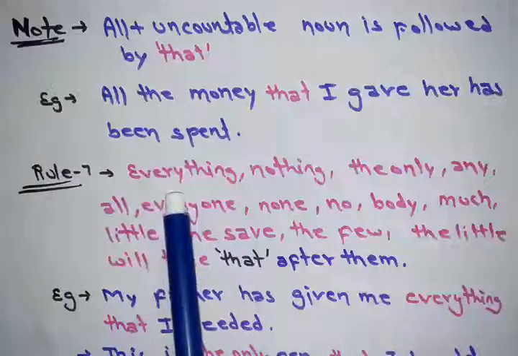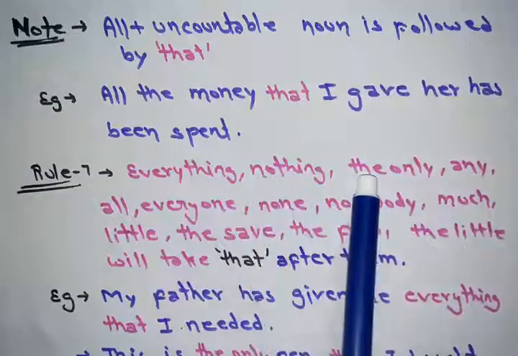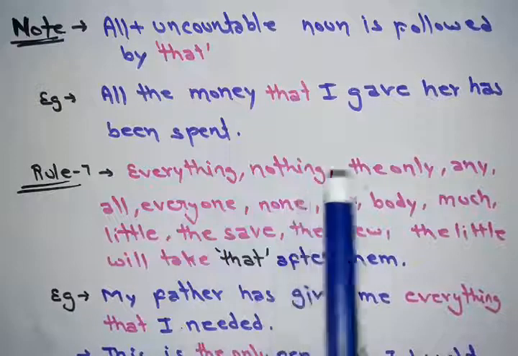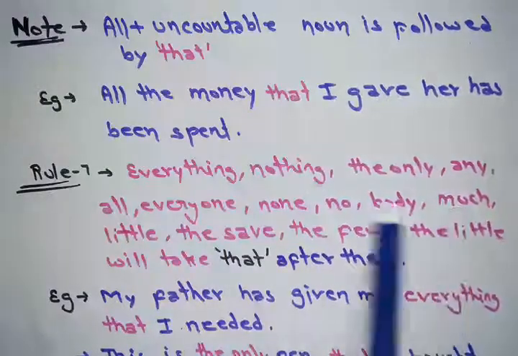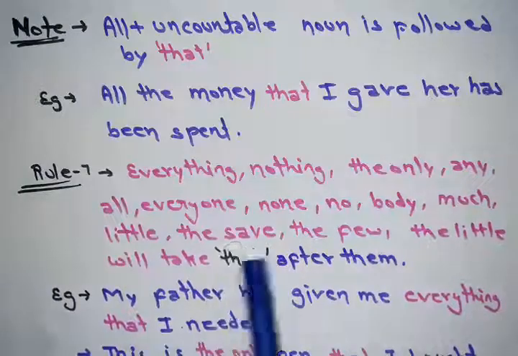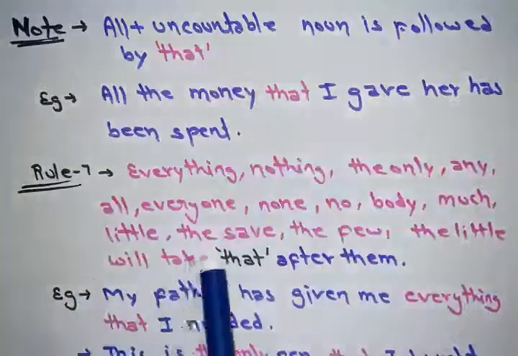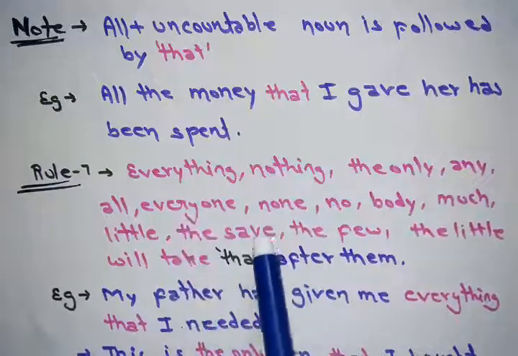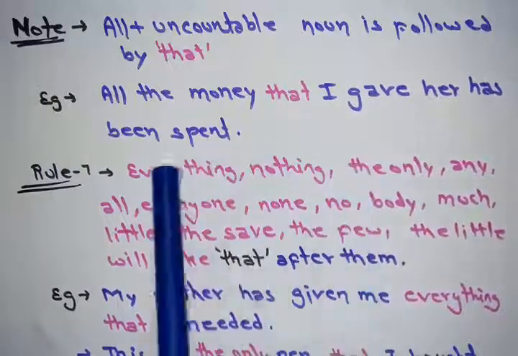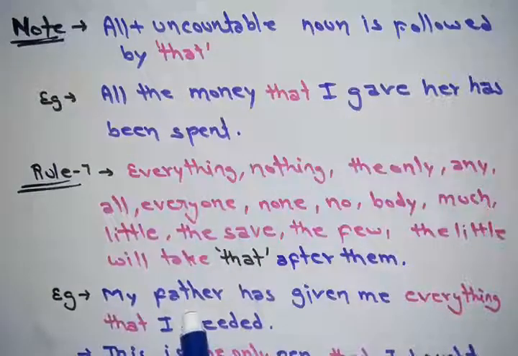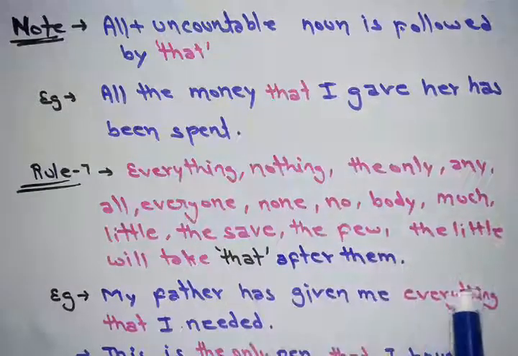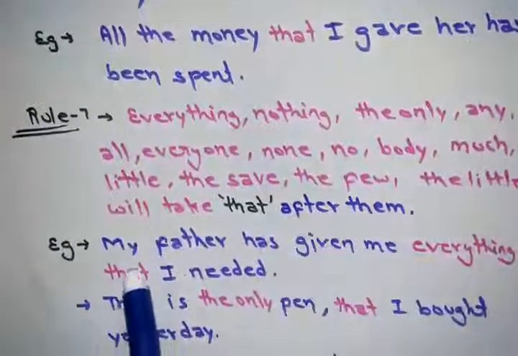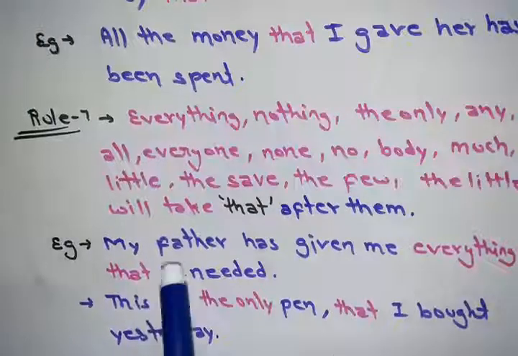Rule number seven: everything, nothing, the only, any, all, everyone, none, nobody, much, little, the same, the few, the little will take that after them. So always use that after these words. For example, my father has given me everything that I needed. Here everything, therefore we use that only.